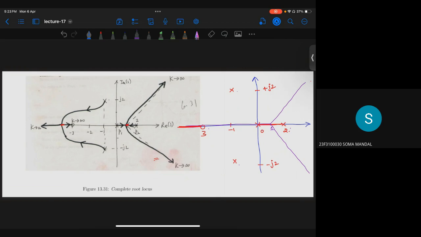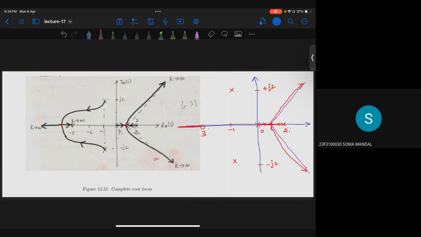Now you can see these two poles, this first pole and this pole, they travel in opposite directions. They will hit here. One will go in this direction, another will go in this direction. That is the first thing.